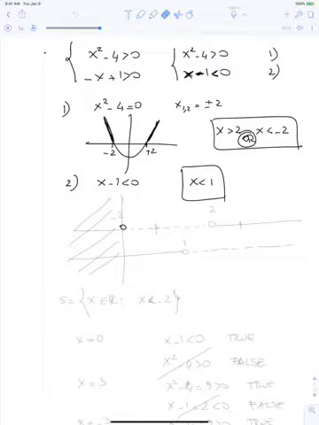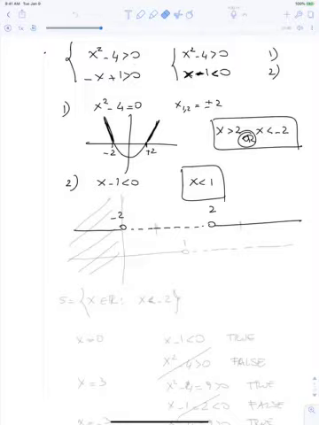So here we have minus 2, here we have plus 2, and then we're going to show the solution of the first inequality. So it's x less than minus 2, x greater than plus 2, and then in between it's not verified because it's negative, so it doesn't satisfy this condition.